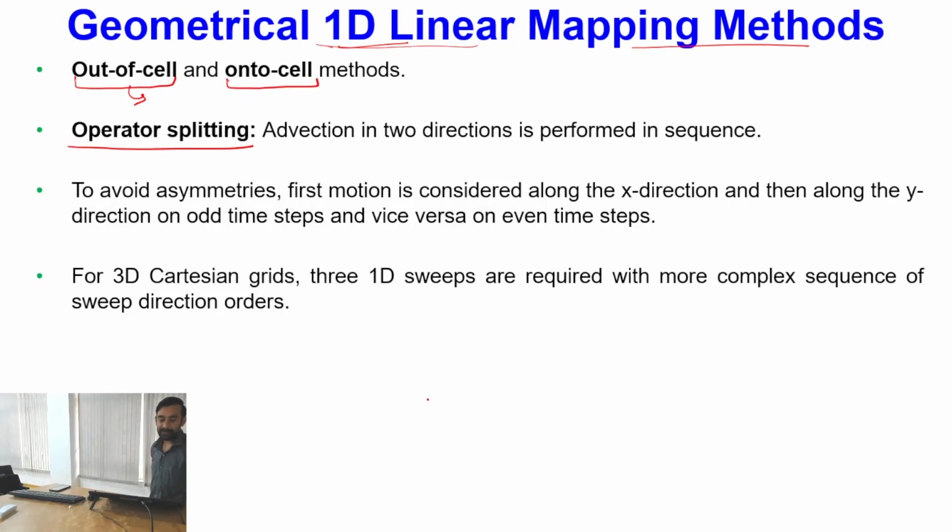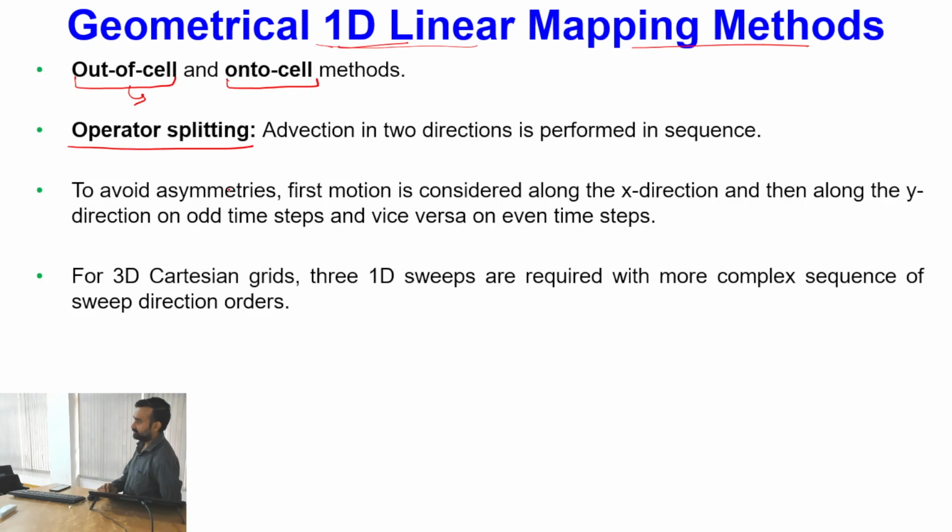In a similar way, because my method can only do 1D linear mapping, for solving a two-dimensional problem, because ultimately if I am reconstructing the interface using CLIC, it means my problem is two-dimensional in nature, we will be using operator splitting. What is the meaning of operator splitting? First, we consider that the interface is only advecting in which direction?